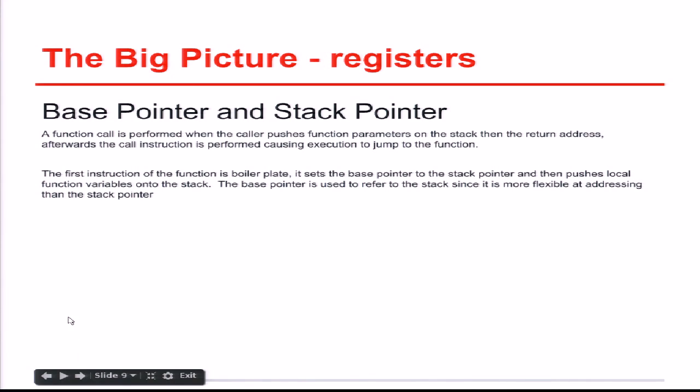So I think this is a key point to understand. A function call is performed when the caller pushes function parameters on the stack, and then you execute those instructions, and you get back, and the base pointer is what's actually maintaining the frames.